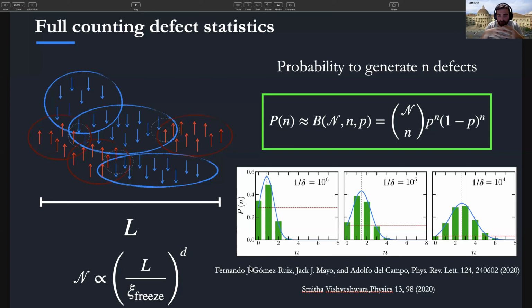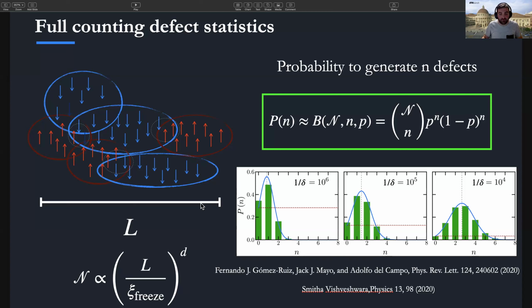So the entire probability distribution for the number of defects has some universal behavior. And so they studied a system of size L. Again, since these are universality arguments, they can apply both to the two-dimensional classical system and to the one-dimensional quantum case, because the two systems are in the same universality class. They can be mapped into each other.